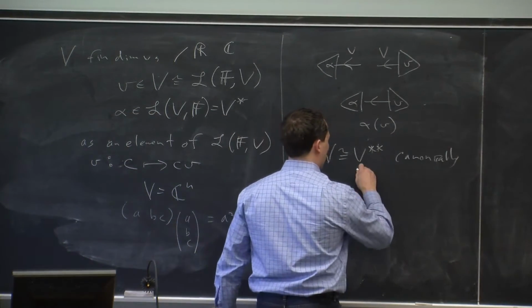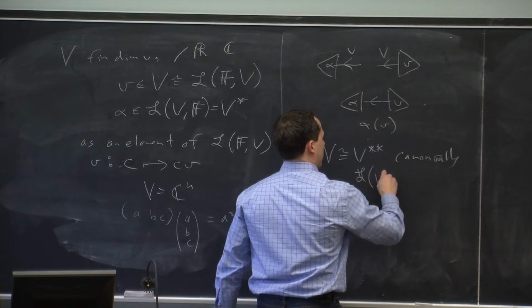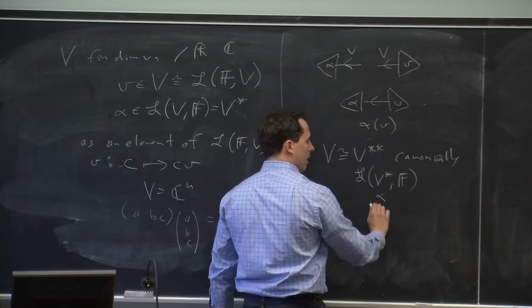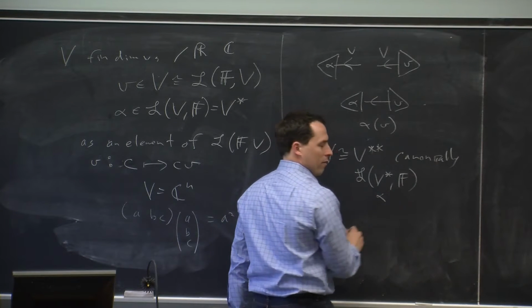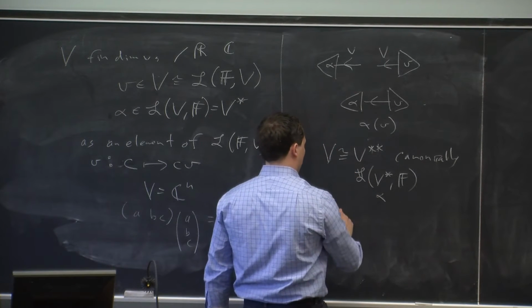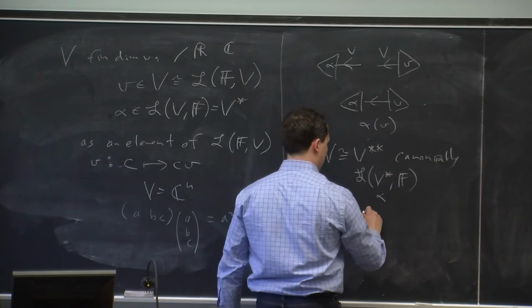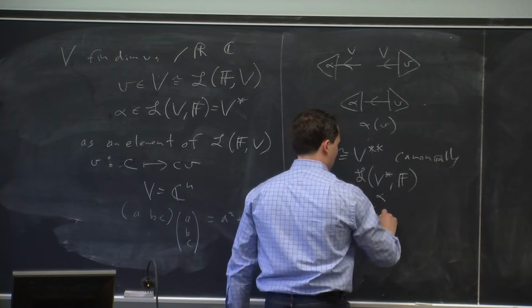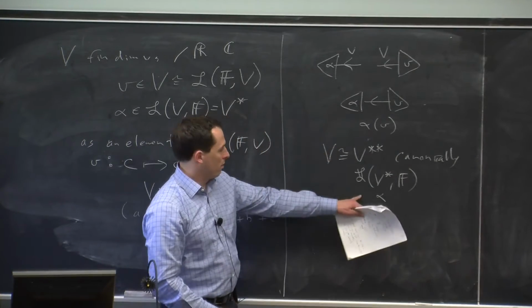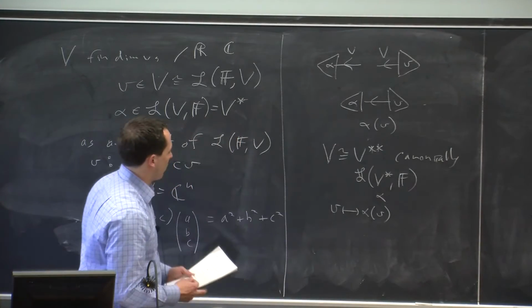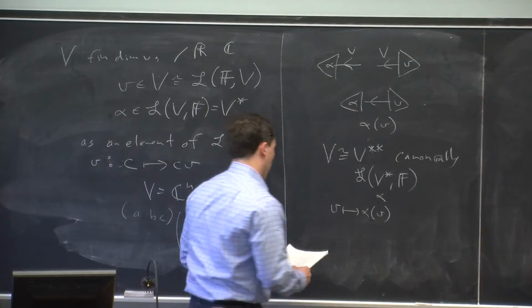V star star is the space of linear transformations from V dual to the field. That is, it eats a dual element and it spits out a field element. And so the canonical isomorphism here says for each V, I can get something in here by just saying V goes to evaluate the thing in here at V. And I don't have to make any basis choice for, or any other choices.